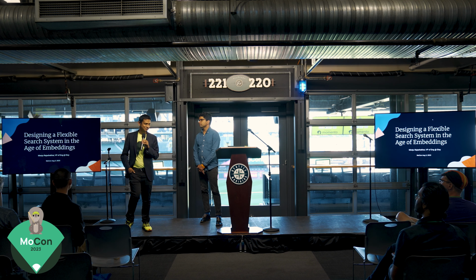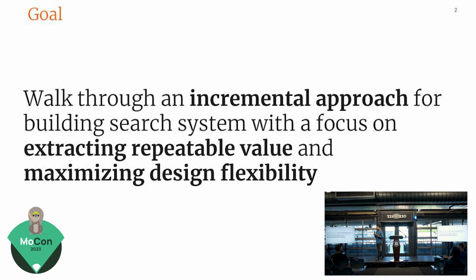We moved beyond information retrieval. Large language models are really changing how search systems are built. We're seeing that with how Bing and Google are bringing large language models into the search experience. So having a flexible search system is a good goal, so that we don't pigeonhole ourselves into a design space where we can't iterate on our search system because the design is not flexible. So that's one of the goals.